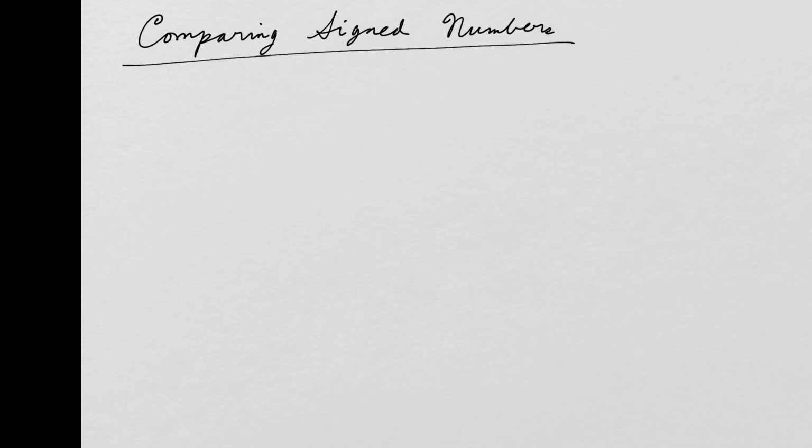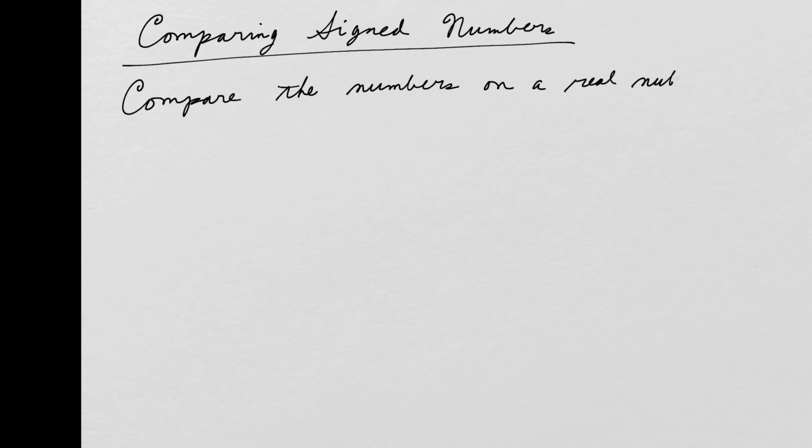Basically, what you do is you compare the numbers on a real number line. A number to the right is larger than a number to the left.